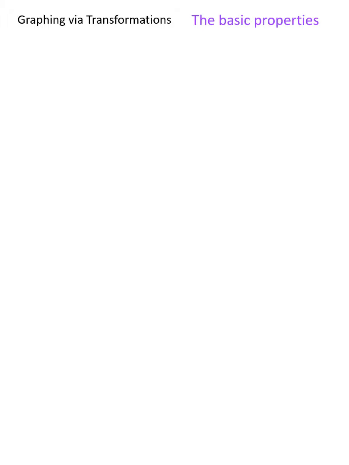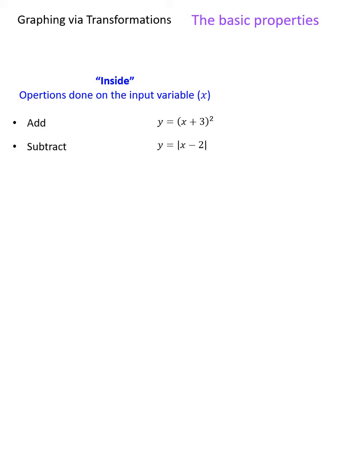Now I'm done with the 10 examples, but let's summarize the basic properties we learned in this video. The first 5 problems included operations to the input variable, or what we call inside operations, on the function. We learned that if you add, such as in this example, you shift left.